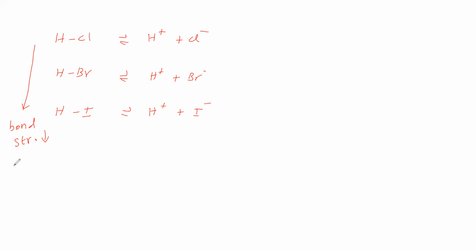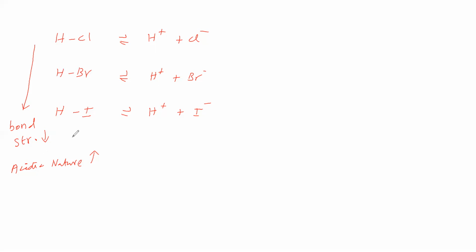Therefore, acidic nature increases. What does experimental evidence say? That we'll see. Before that, based on bond strength, this bond strength is low when compared to this, so this bond is easily breaking.